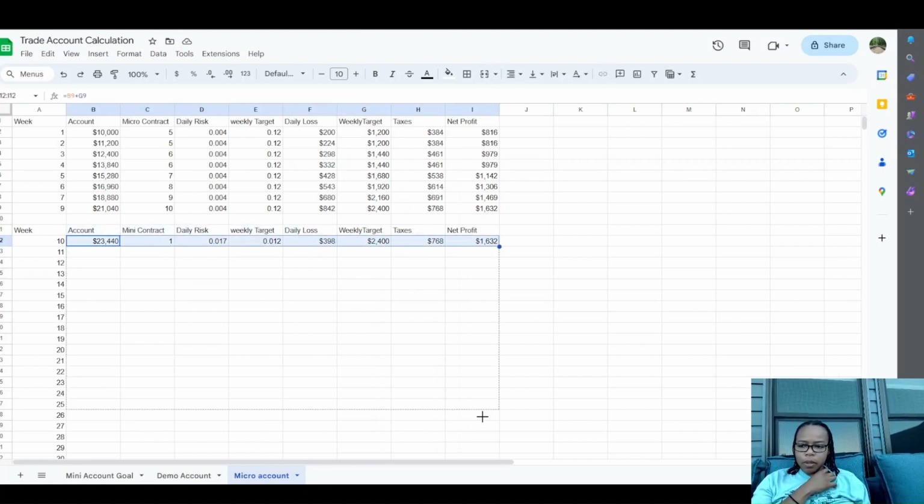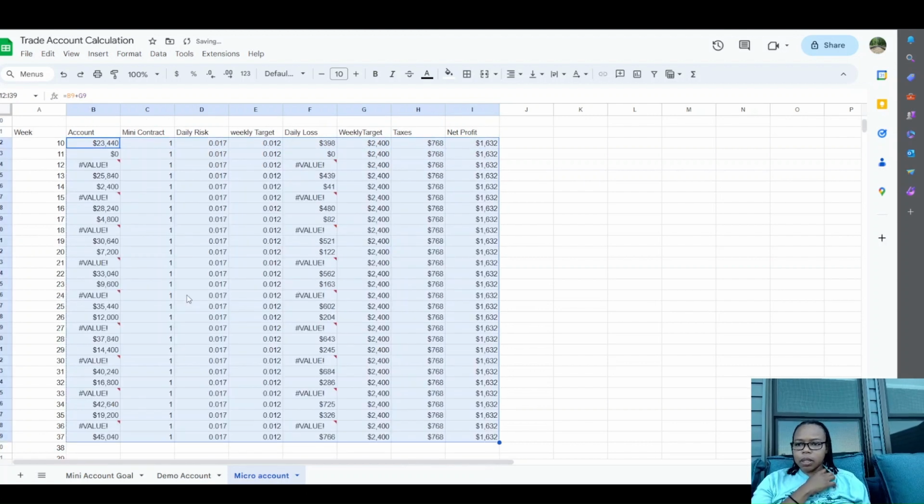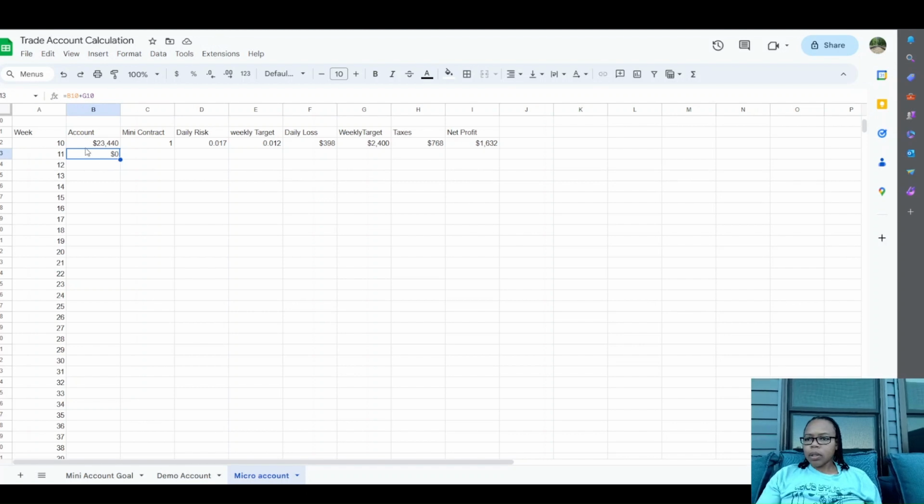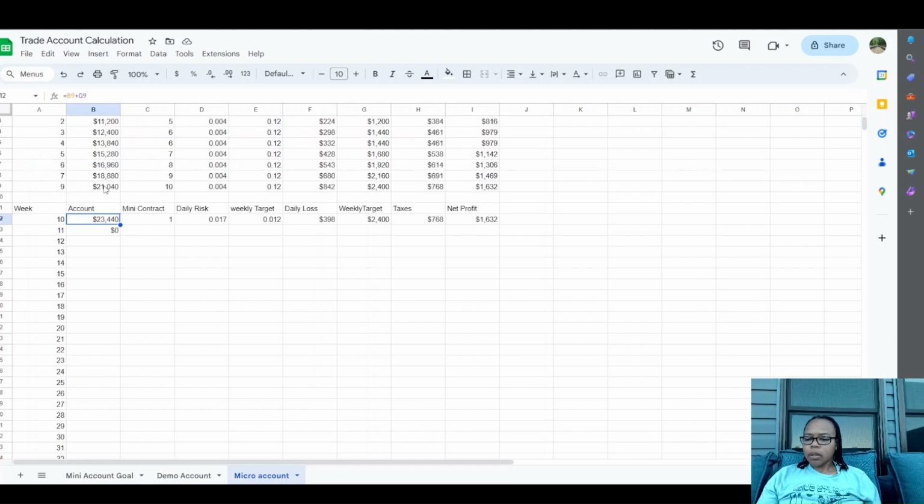let's drop this down for a bit and start to make some adjustments. Mm, so why didn't this calculate plus G10? Okay, let's do this. Let's where I use 0 plus the weekly target. So okay, yeah, so B10 plus G10.